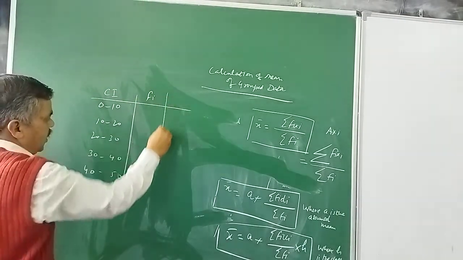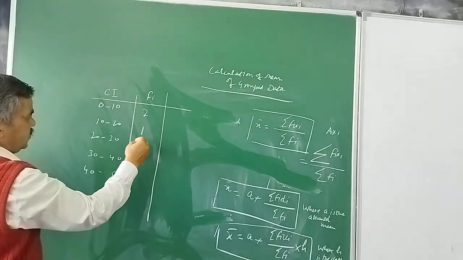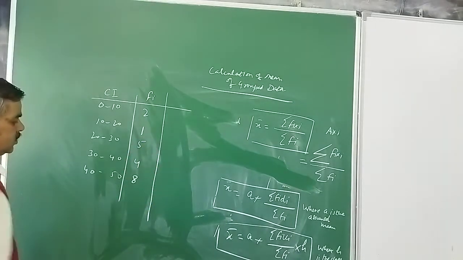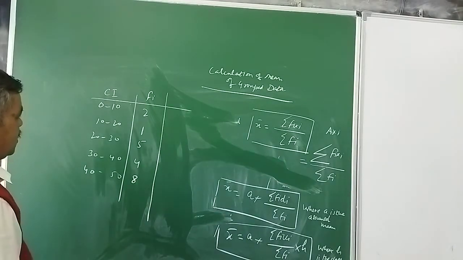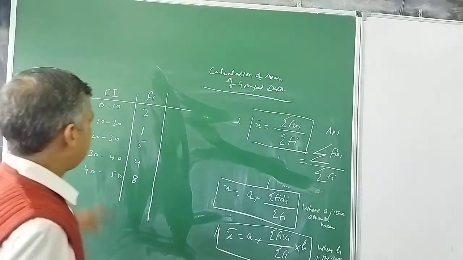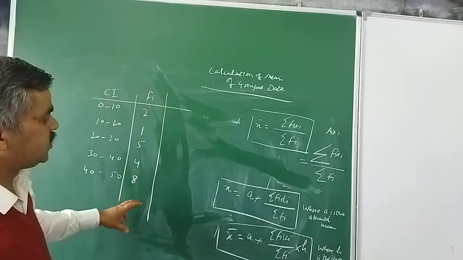Frequencies are given like this: 2, 1, 5, 4, 8. Now find the mean of this data where the class intervals and frequencies are given.